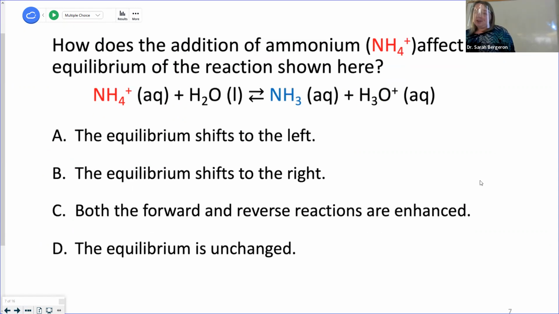All right, last one. We did this in class. This was lots of class, right? How does the addition of ammonium affect the equilibrium of the reactions shown here? So here's ammonium, and I put it right there. So you tell me what happens to this reaction. Write it down. We do this, the reaction does that, this is the shift.